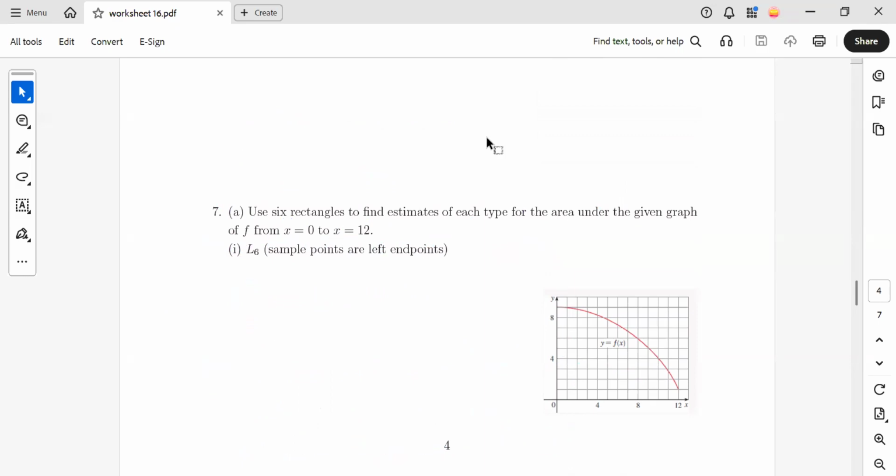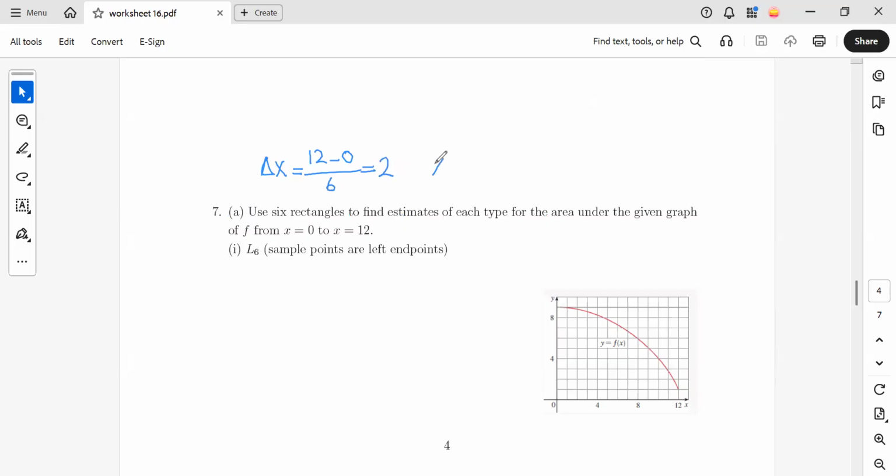For the first part, we are going to find L sub 6. As before, we are going to find delta x, which is b, 12 here, minus a, 0 here, over n, which is 6 here. So 12 over 6 is 2.